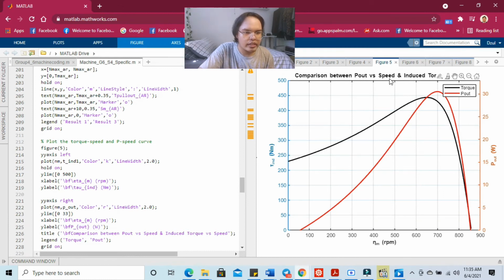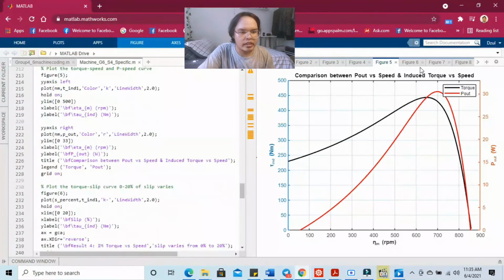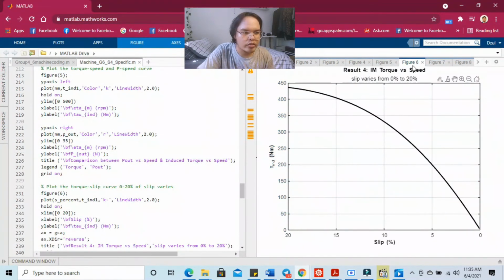And figure 6 shows the induction motor versus speed, and here the slip is 20%. So at this one it is 20% and this one is 0%, so the value decreases. This is in speed.